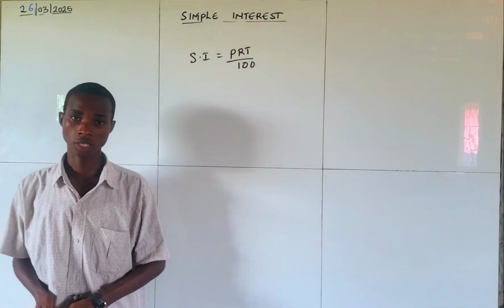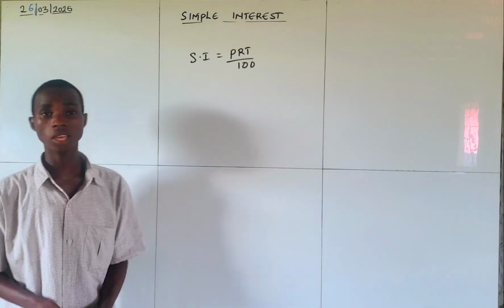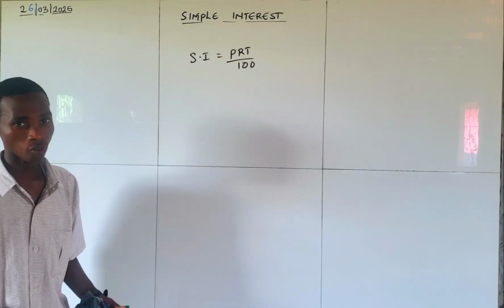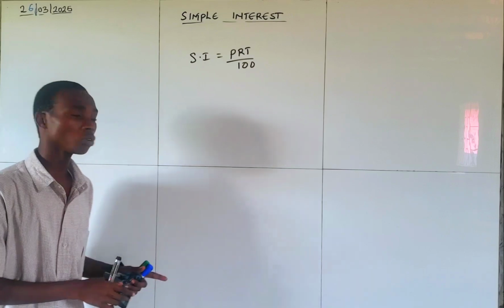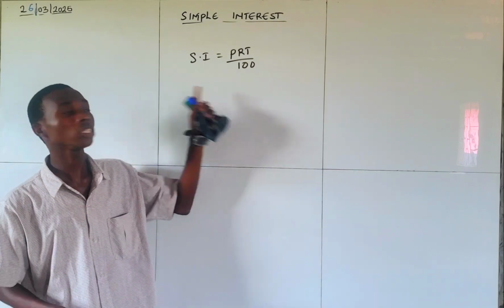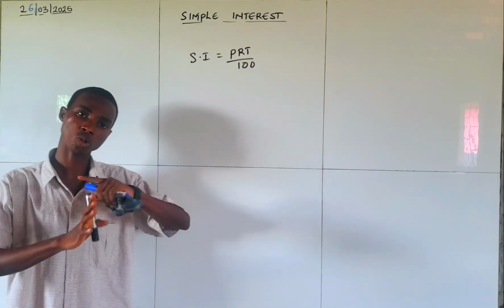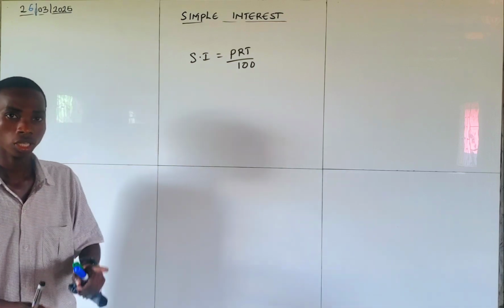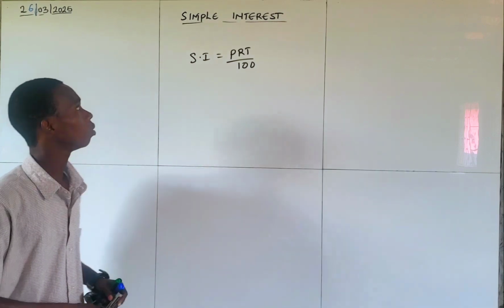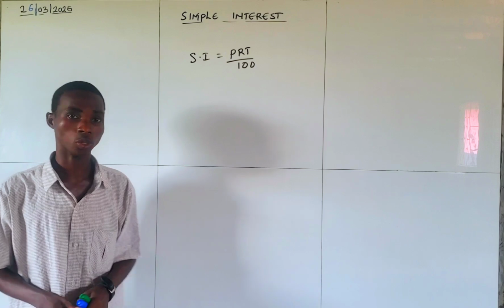This is the formula for simple interest: simple interest equal to PRT over 100. While solving for simple interest, you need to consider this particular formula. You can then solve any simple interest equation they are giving you.